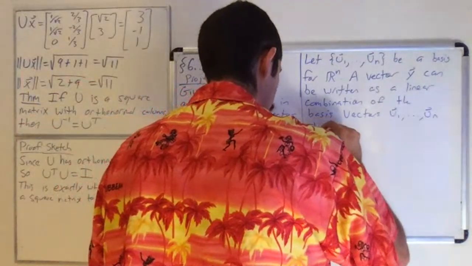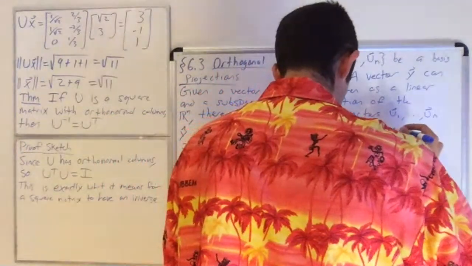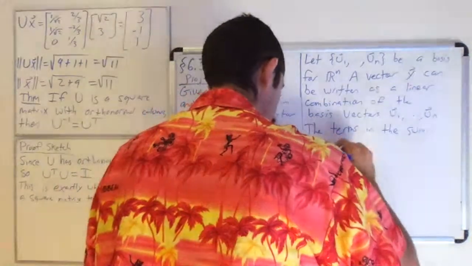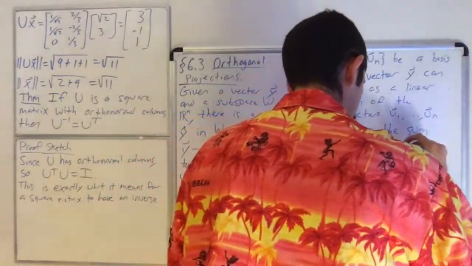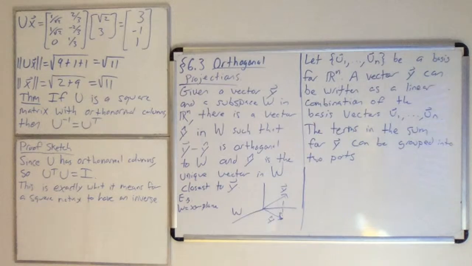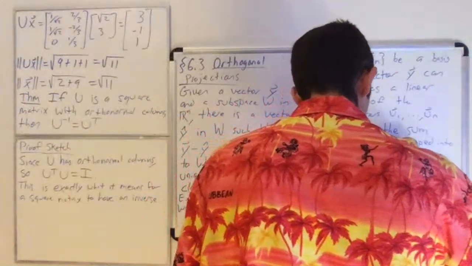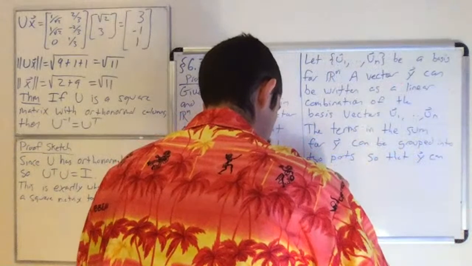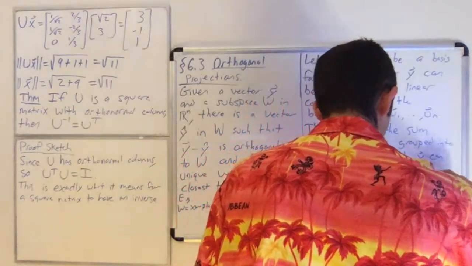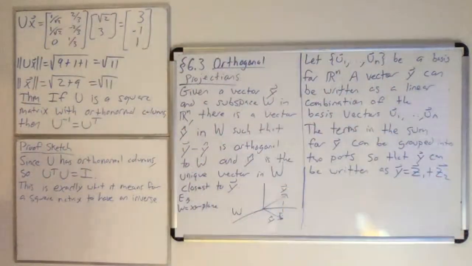So the terms in y can be grouped into two parts, so that we could express y as the sum of two vectors.